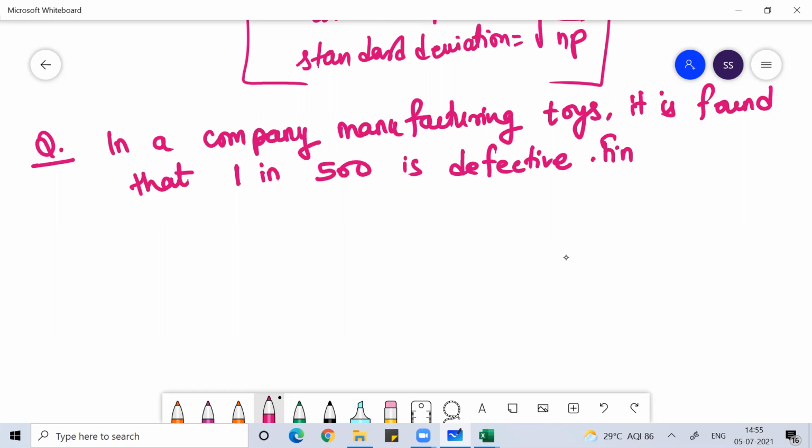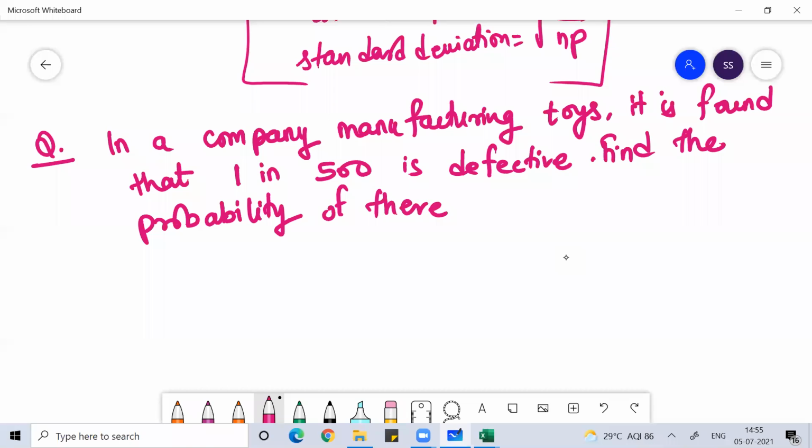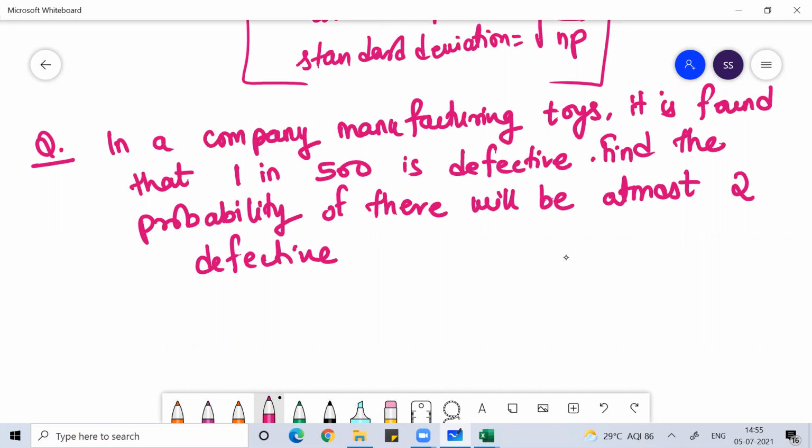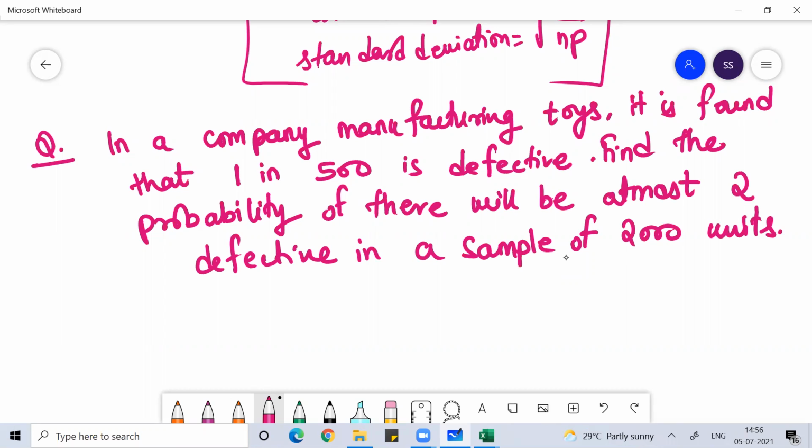Find the probability that there will be at most two defective in a sample of 2000 units. Clear everyone? You can see this question.